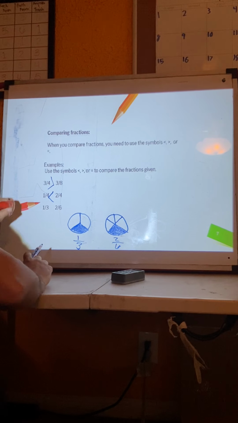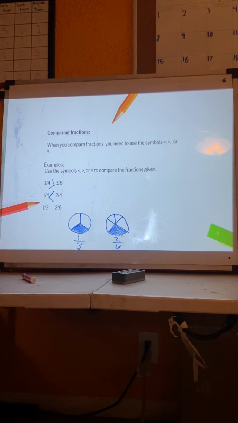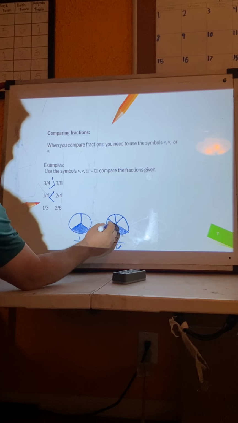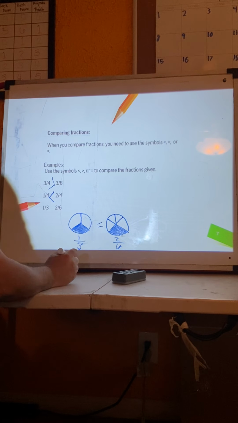After I get that done, I automatically look at this picture and say, these look exactly the same, right? They look exactly the same. So I'm going to say that for right now, these are equal to each other. Then I'm going to find a relationship.